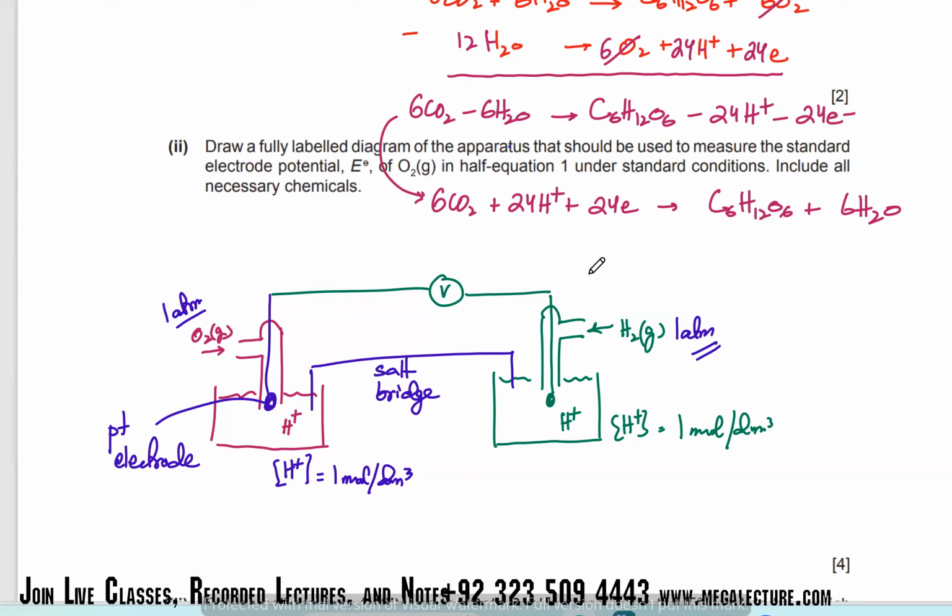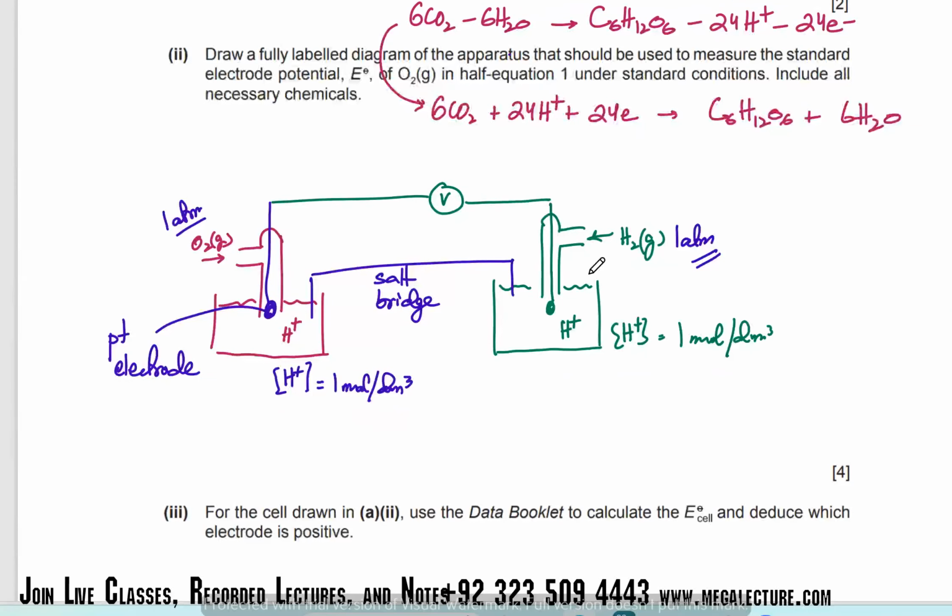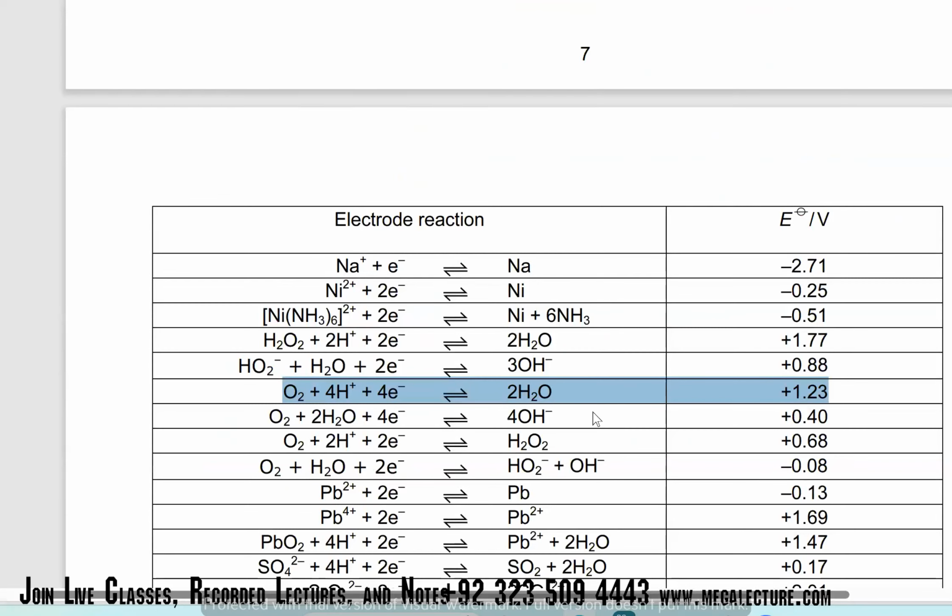अच्छा, remember मैंने WhatsApp के ऊपर I've sent this worksheet. अच्छा, for the cell drawn, use the data booklet to calculate the E0 cell and deduce which electrode is the positive electrode. तो hydrogen electrode का हमें पता है, that's our reference electrode, that's our 0 volts, right? You can look at the data booklet, that's also going to show you 0 volts.